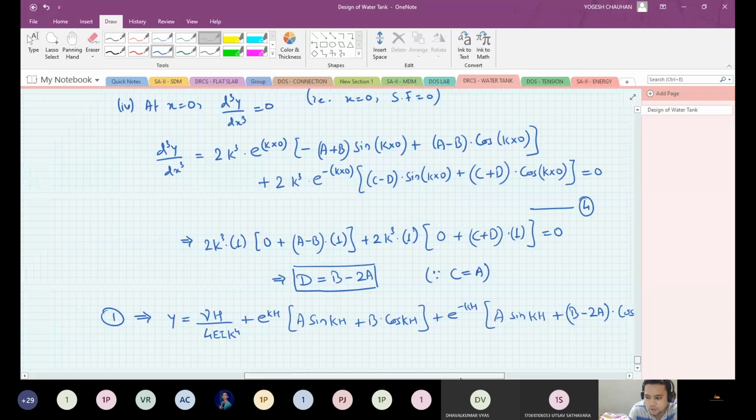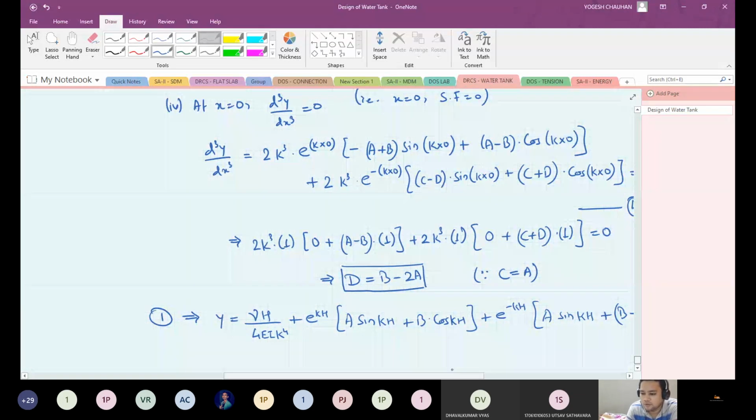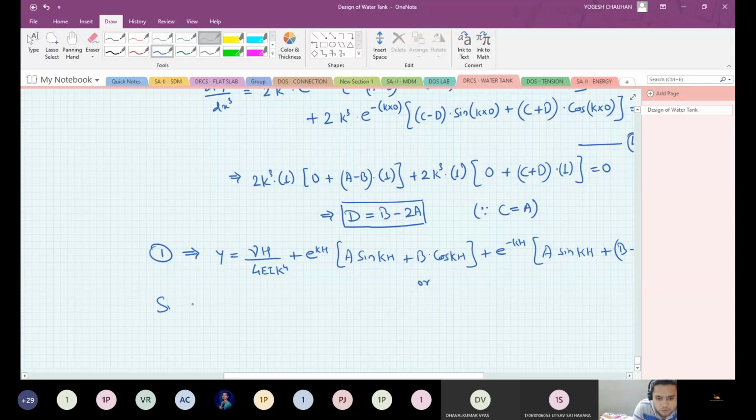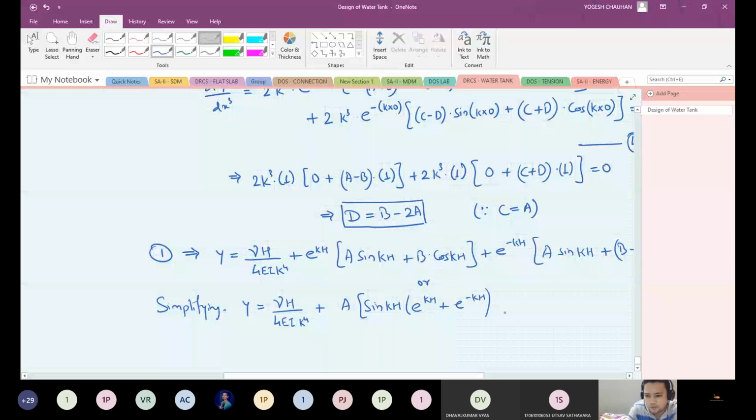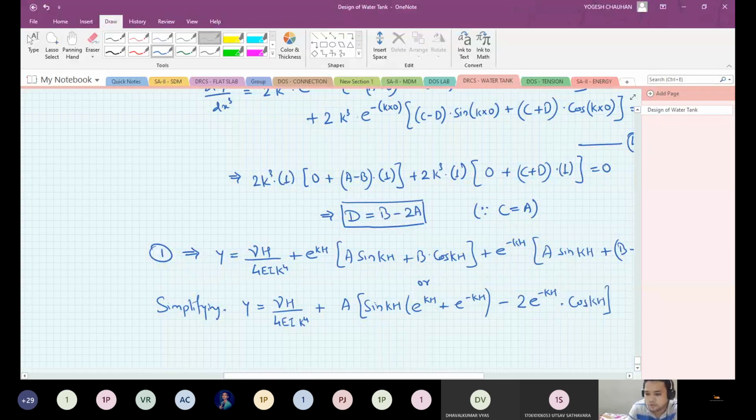Okay, so again, on simplifying, you will get y is equals to gamma h by 4 ei k to the power 4 plus, taking a as common, a times sine kh into e raised to the power kh plus e raised to the power minus kh minus 2 e raised to the power minus kh into cos kh, and plus, we are clubbing together the terms containing a and the terms containing b.